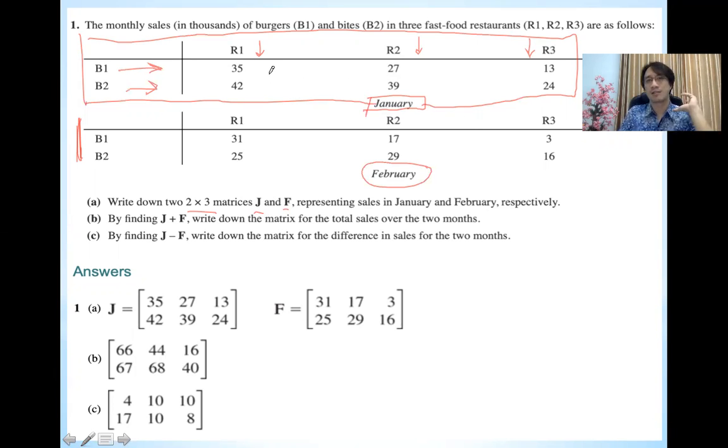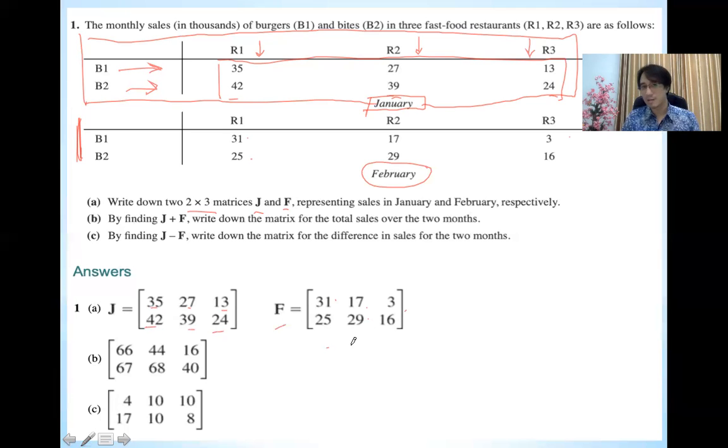You just need to transfer all the value inside this part in a matrix. So this is J matrix or January matrix, 35, 27, 13. And for the second row, we have 42, 39, and 24. For February, we have 31, 25, 17, 29, 3, 16.